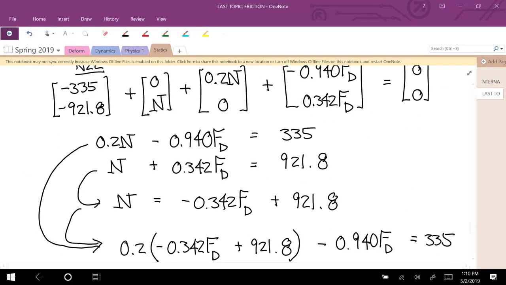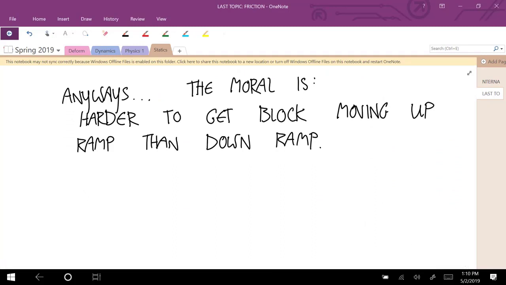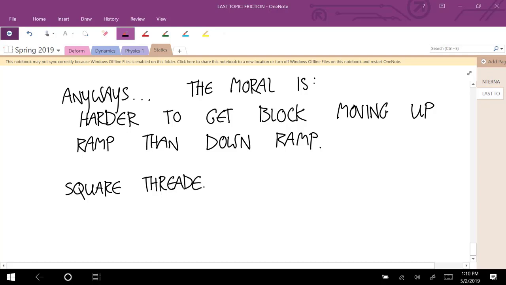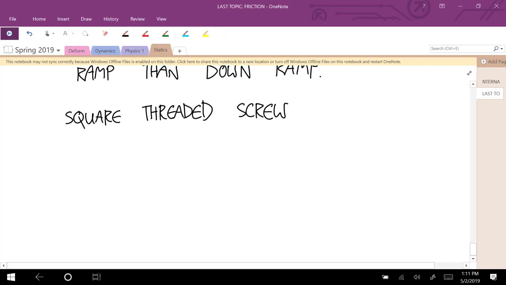So now we're going to replace this idea with the square threaded screw. We're going to think of this screw as this. You don't ever want to really build a screw that way.